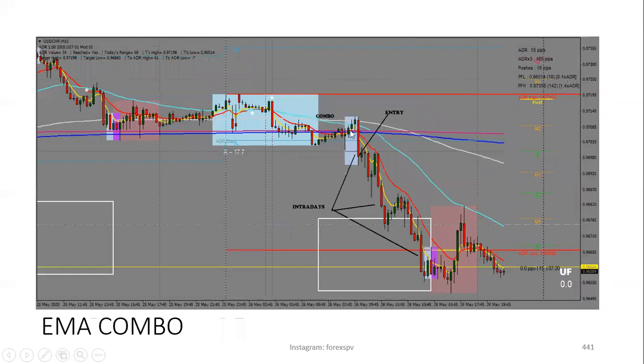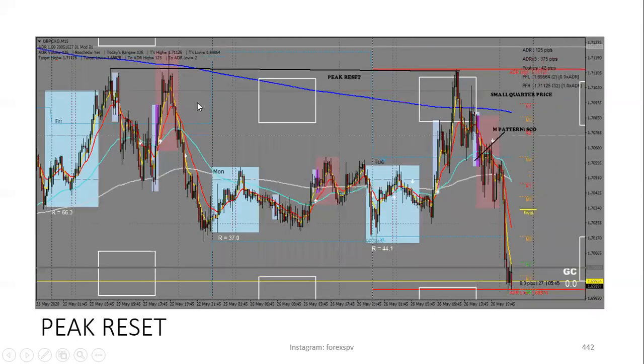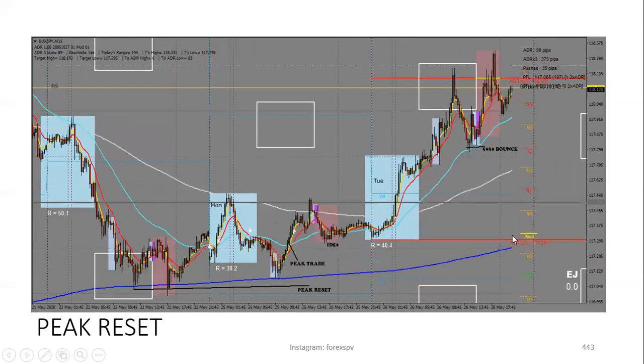We have a combo trade here. And this is the 800 EMA, and it's where they did from the peak reset right there. So 1, 2, 3. So a 3 days consolidation and then it moved. And we had a peak reset here also.